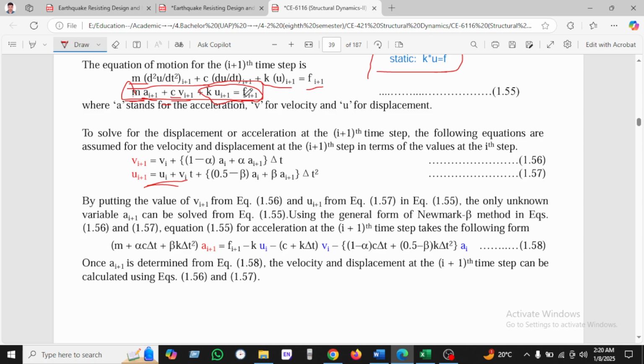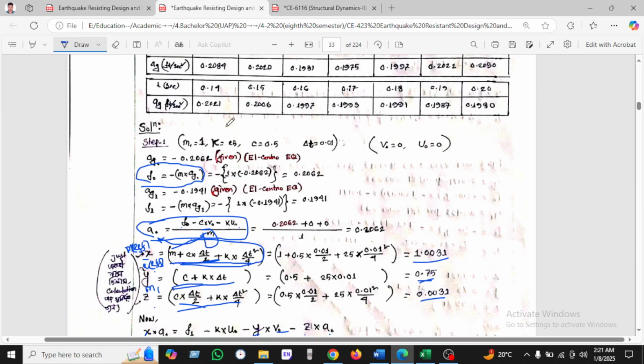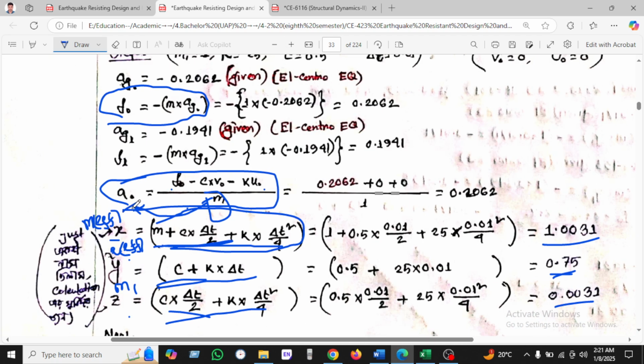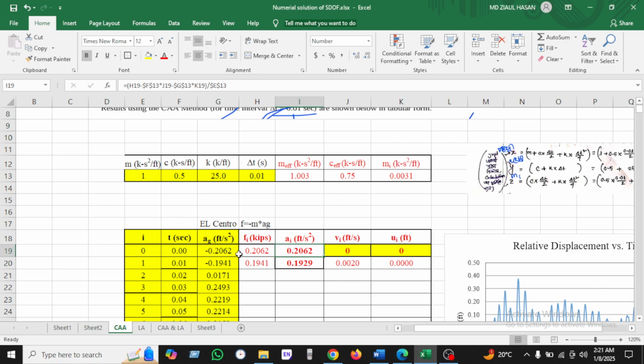If we subtract this, then k will be minus k and c will be minus c, and it is all divided by m. In this way, a naught equals minus c v naught minus k u naught divided by m. Here velocity is 0 and displacement is also 0.